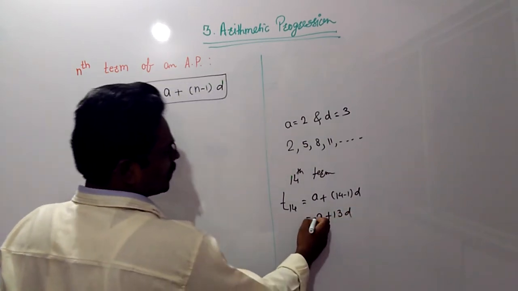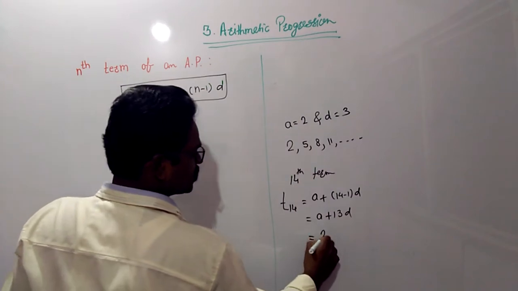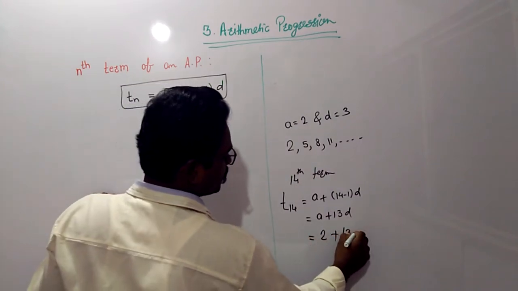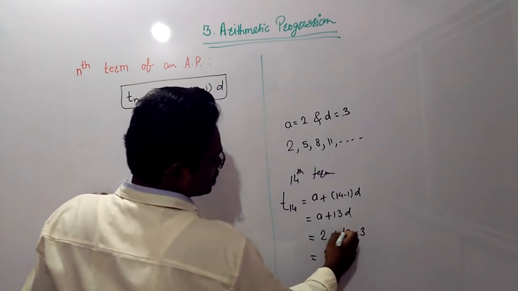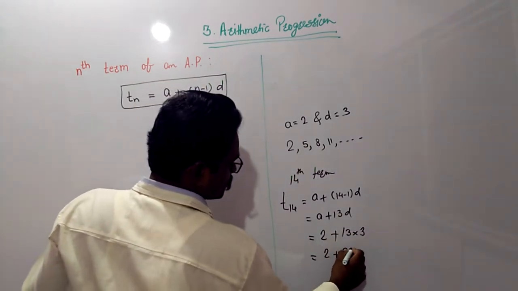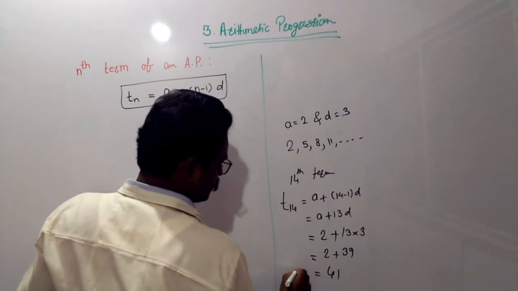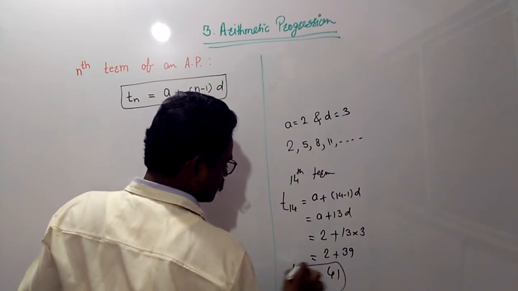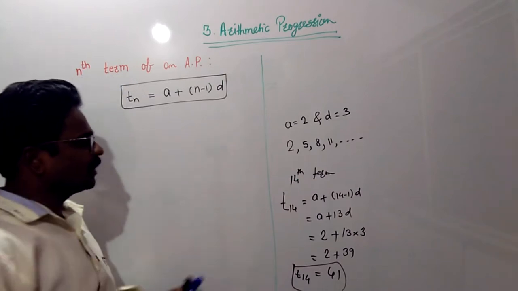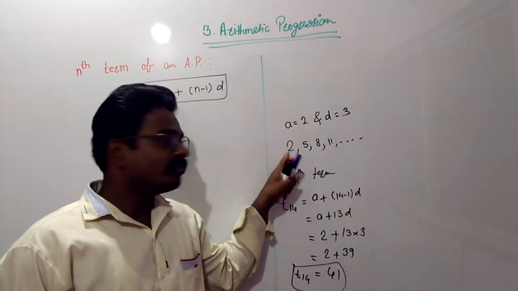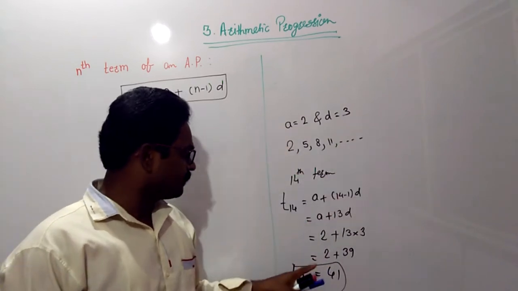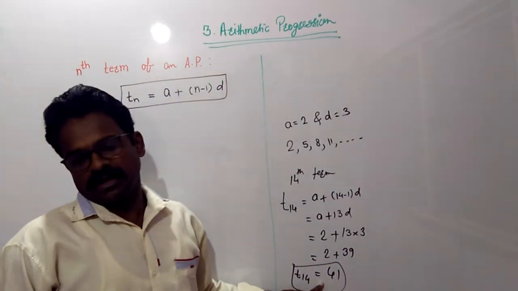So it is equal to a, a is 2. So it's 2 plus 13 into d, and d is how much? It's 3. So it is equal to 2 plus 13 threes, which are 39. So it is equal to 41. So the 14th term of the given arithmetic progression is 41.